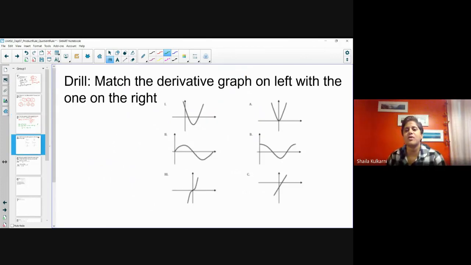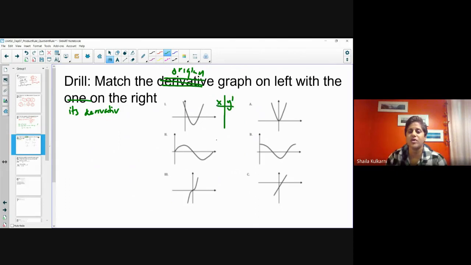It says match the graph on the left with the match on the right. I'm going to cross this out, I'll fix it for our notes, but it says match the original graph on the left with its derivative graph on the right. Okay, so I want to remind you, if this is the original and I'm trying to match it with its derivative, then a good way to do that is to just figure out, okay, at this, let's pretend this is 1.